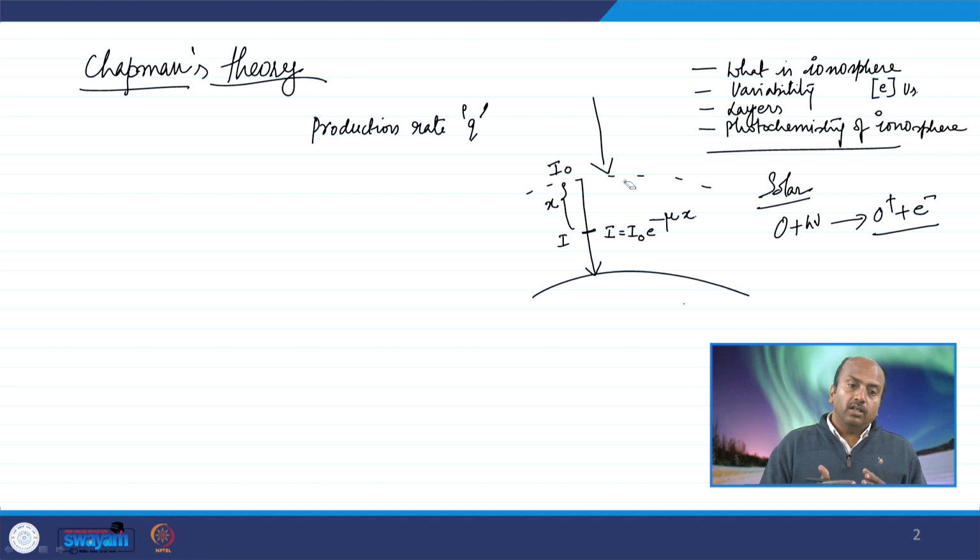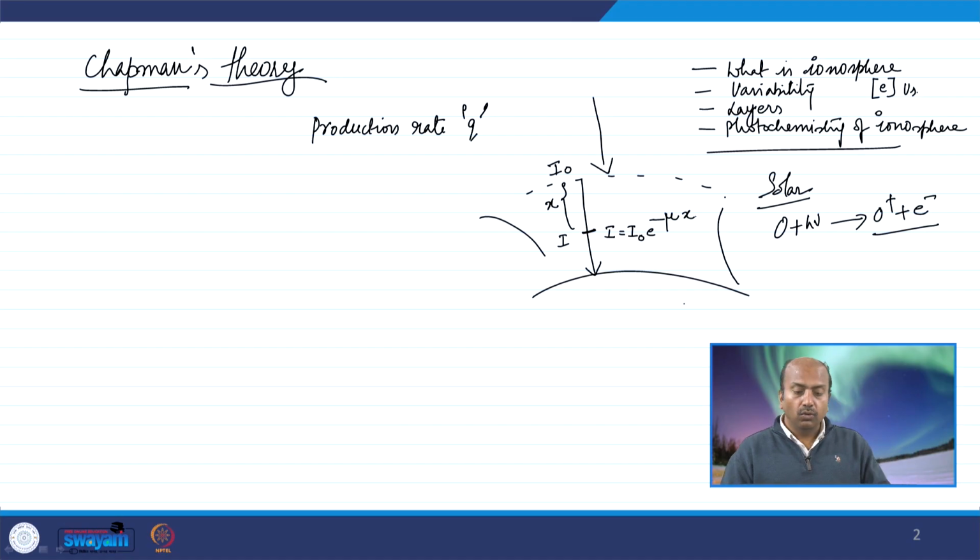So there is larger availability of atoms, but the number of photons which can ionize is becoming increasingly smaller, right? You have an exponential decay from the top towards the ground, e to the power of minus mu x, and you have an exponential decay from the bottom towards the top. You have two opposite things.